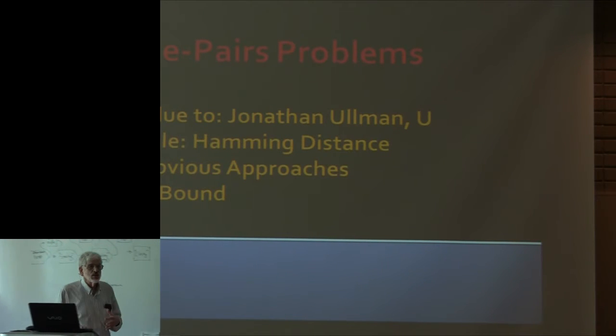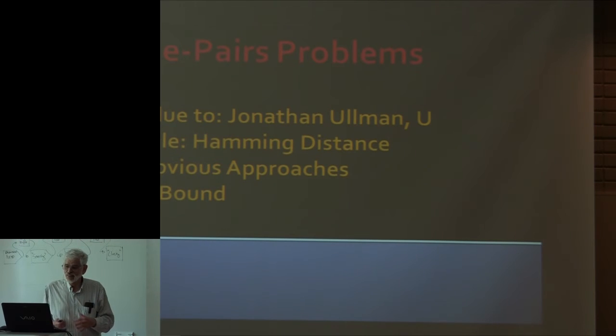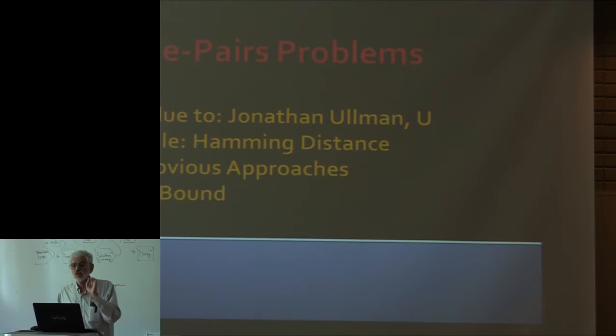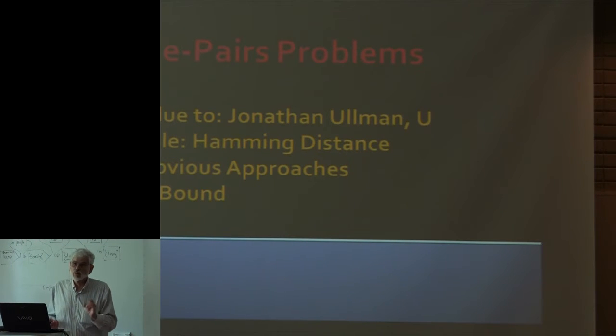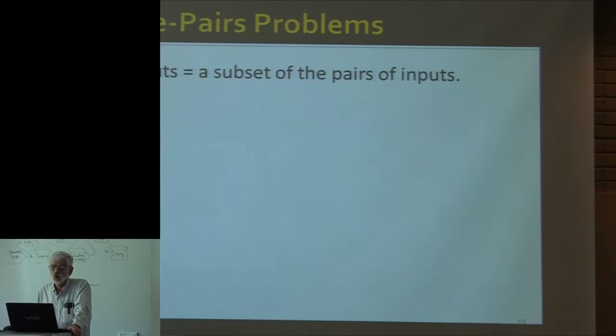The interesting thing that my theoretically inclined son was able to do is to show that in fact there's more or less nothing better than the obvious approaches in general. Which is not true for some specific instances of a sum pairs problem: there are in fact much better algorithms, and we know about them. But there's nothing general that works for all sum pairs problems.